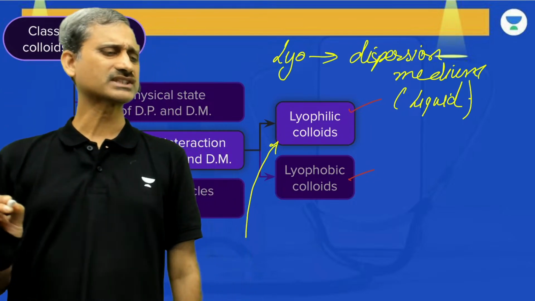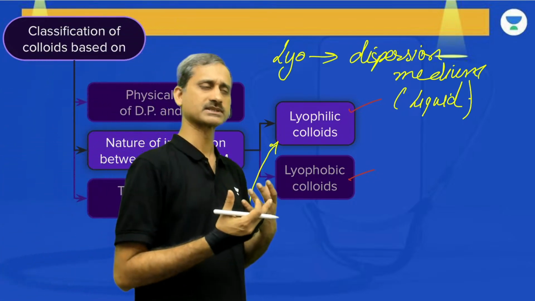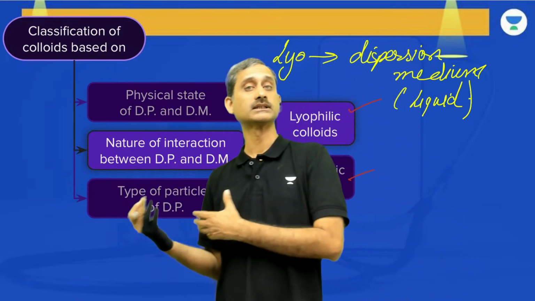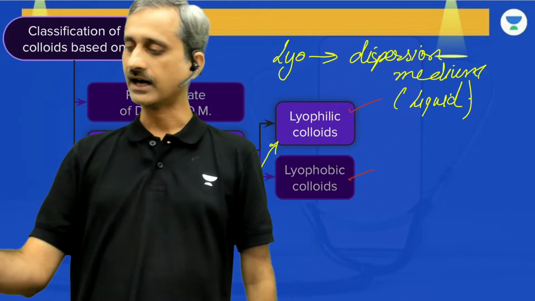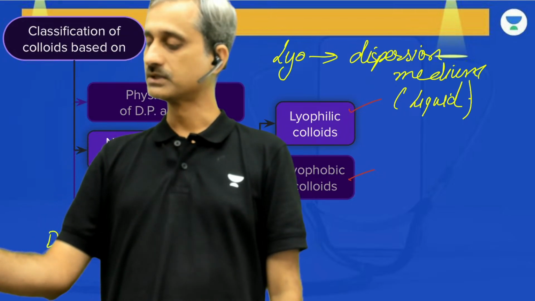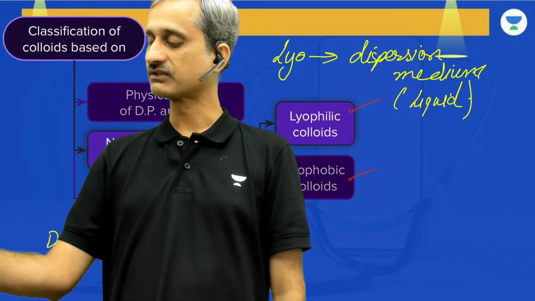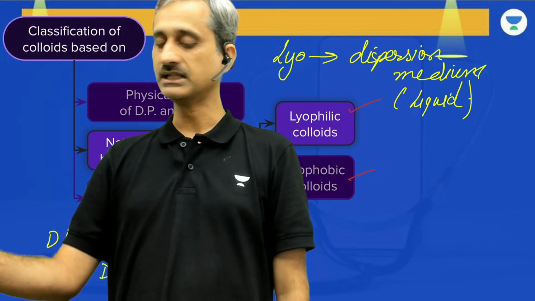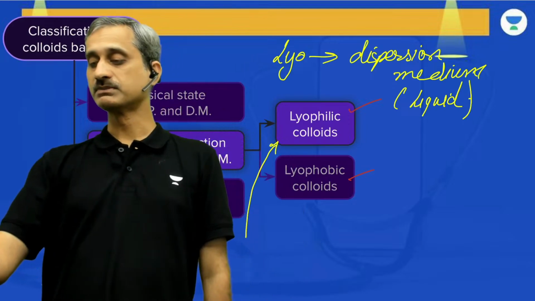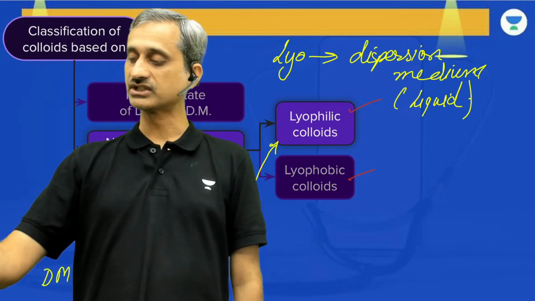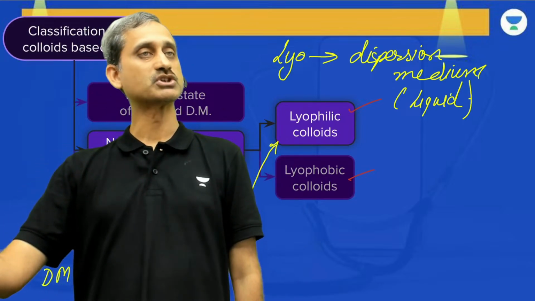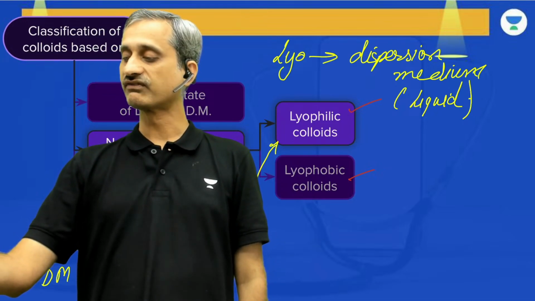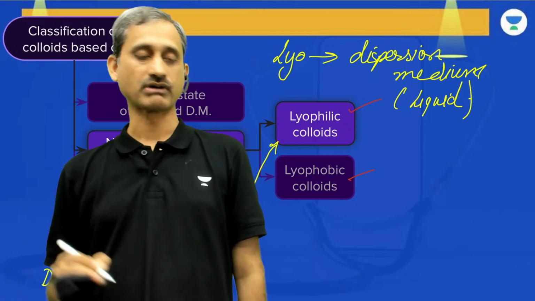So please understand that whenever we are mixing two substances, we have to break certain interactions and form certain other interactions. We have the dispersed phase interaction and the dispersion medium interaction. So if dispersed phase and dispersed phase interaction needs to be broken, dispersion medium interaction needs to be broken, and we end up with a dispersed phase and dispersion medium interaction.